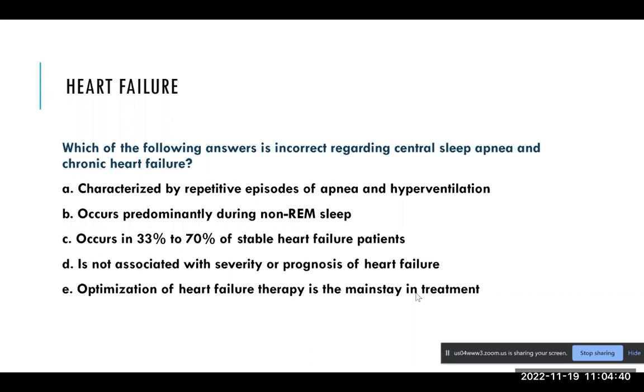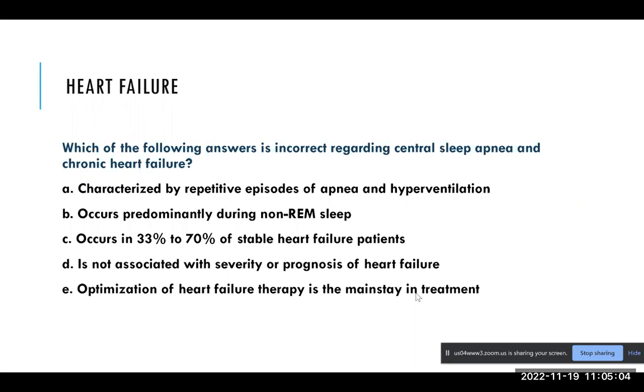It is characterized by repetitive episodes of apnea and hyperventilation, occurs predominantly during non-REM sleep, occurs in 33% to 70% of stable heart failure patients, is not associated with severity or prognosis of heart failure, and optimization of heart failure therapy is the mainstay for treatment. So the question is asking which is incorrect.